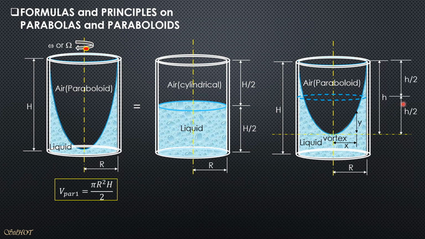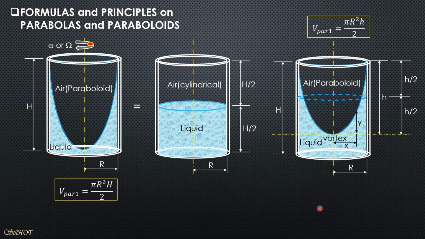So that's h over 2, that's h over 2. Again, the volume of this air paraboloid with one base is equal to pi over 2. Imagine this right circular cylinder here, up to this vortex here. The volume of the air paraboloid is pi over 2 radius square, big R square times small h this time because the height is small h.